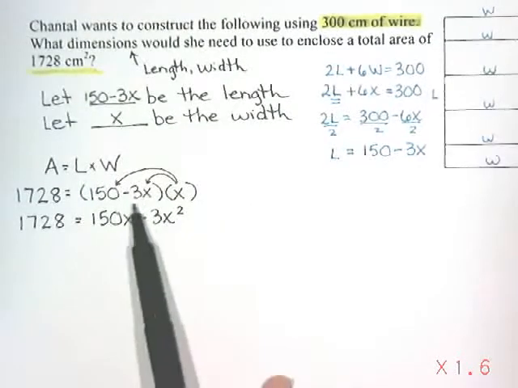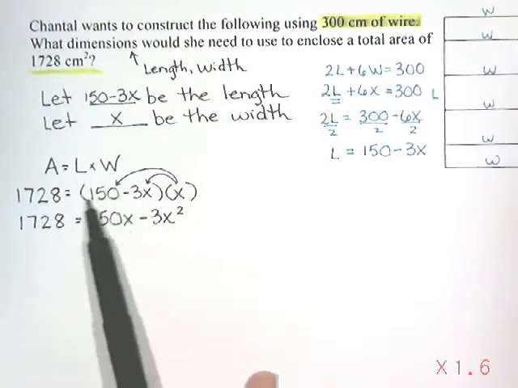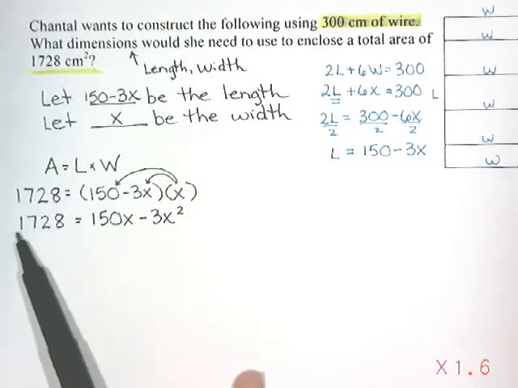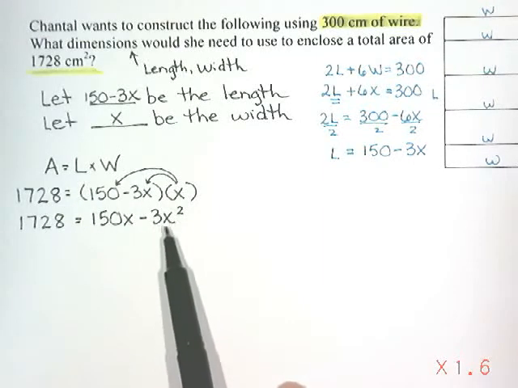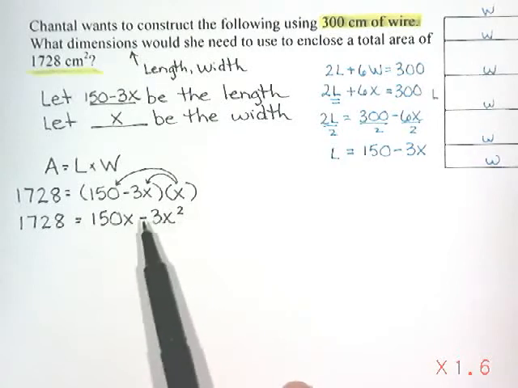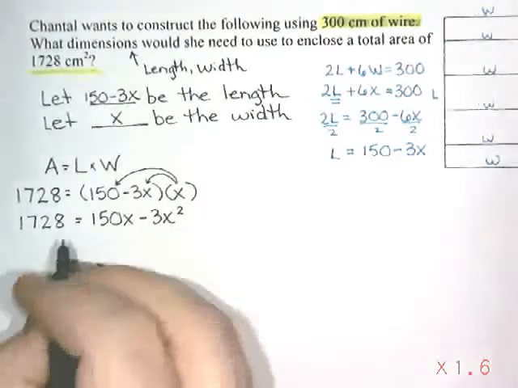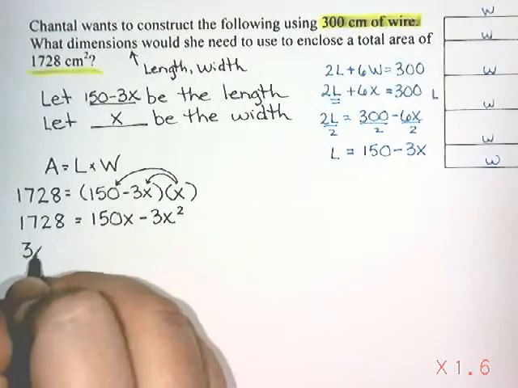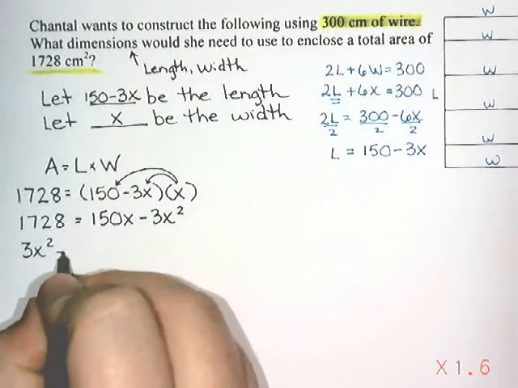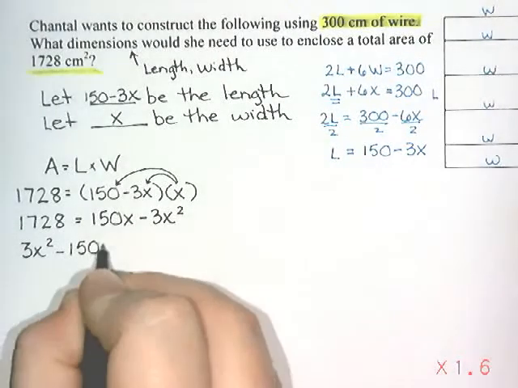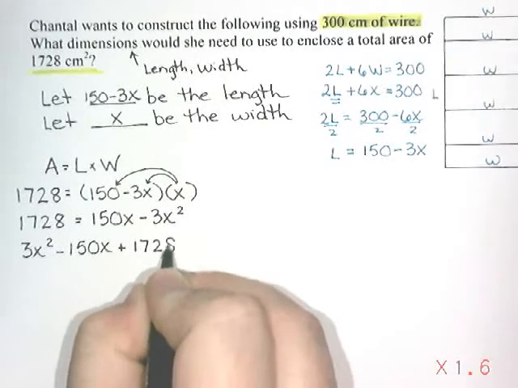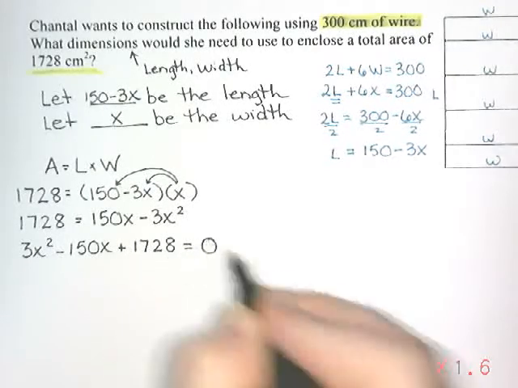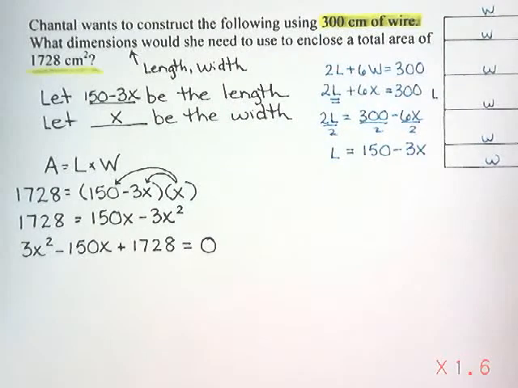So I either need to move these two terms over to the left, or I need to move the 1,728 over to the right. Now, since my x squared is negative, I always like it when it's positive, so I think I'm going to move the two x terms over to the left. So I end up with 3x squared minus 150x plus 1,728 equals 0.